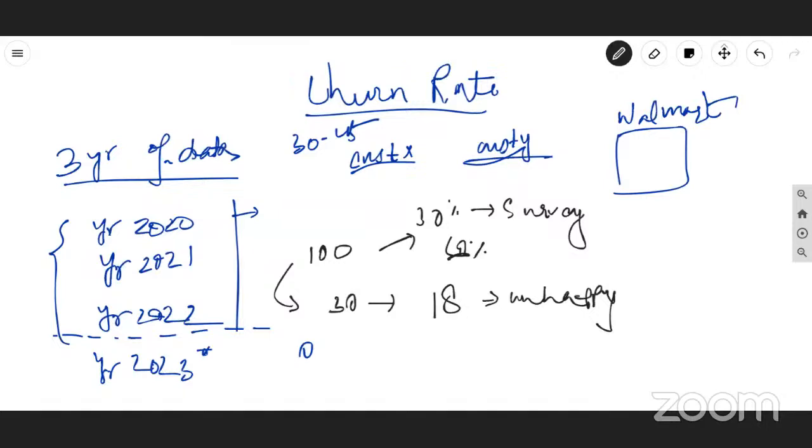Can we do it as lost customers up till now, against the total number of customers with whom we initially started? Okay, that's a good point.